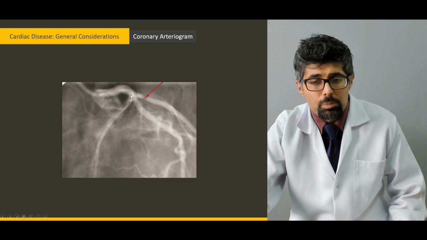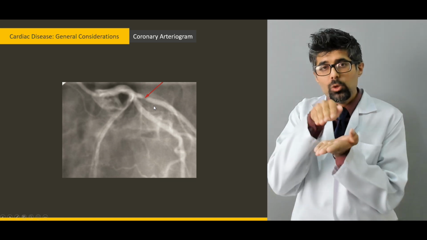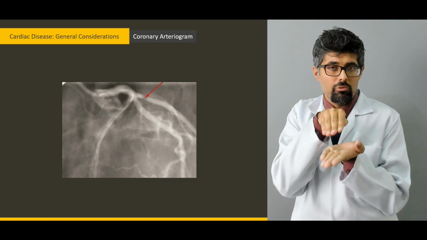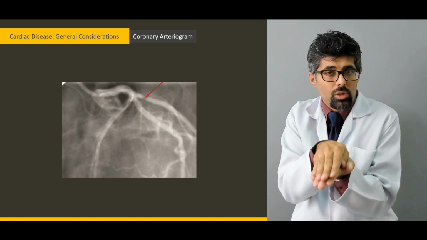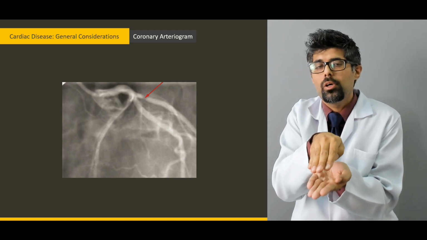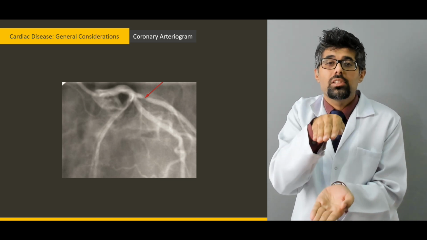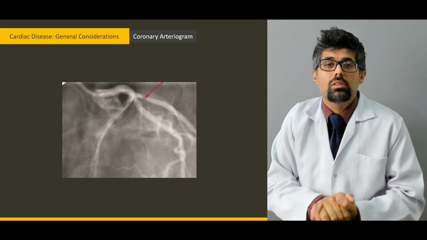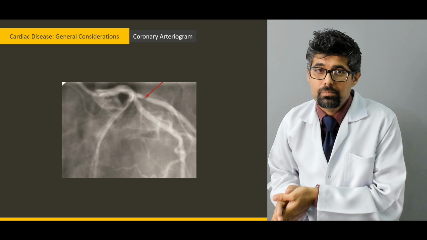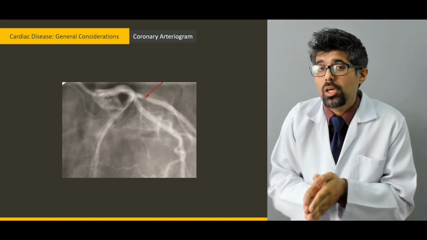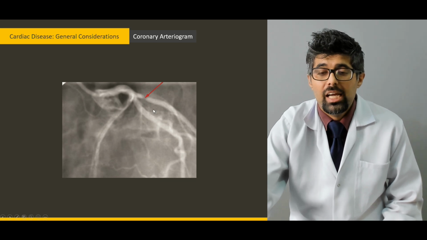Now, if we perform balloon angioplasty, a balloon is inserted, a wire is inserted inside the stenosis, and the balloon is slowly inflated to break the plaque and revascularize the artery. This is what is called balloon angioplasty. Through balloon angioplasty, this severe stenotic area has been cleared.